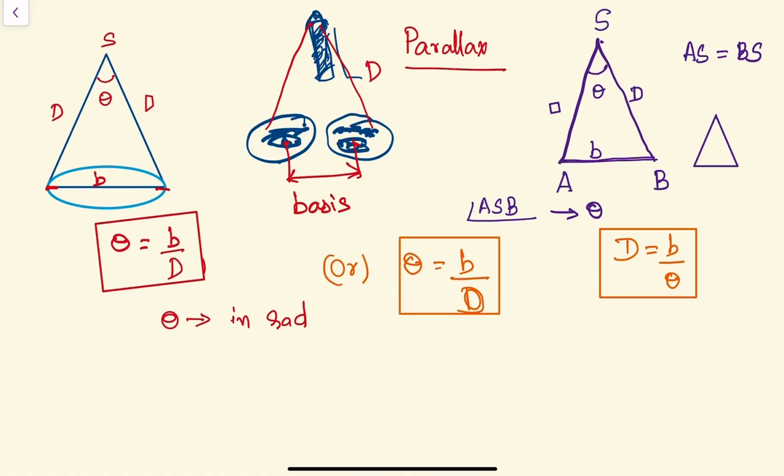If you are considering a planet like that, what happens? A small b basis by d is a ratio very, very less than 1. Therefore, what we can conclude here is theta is very, very small.